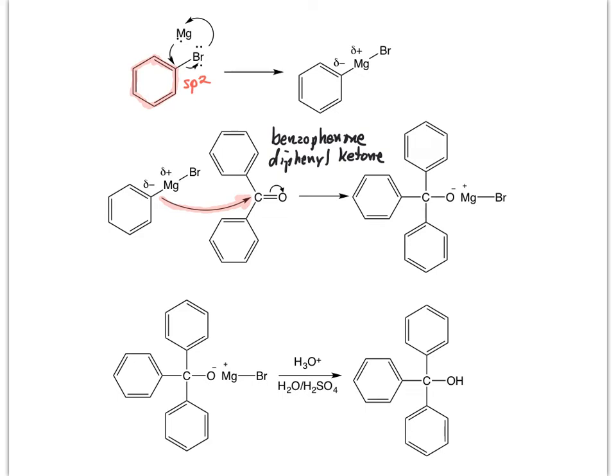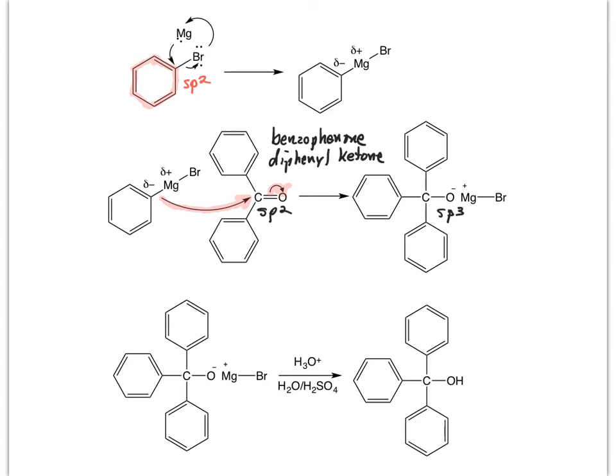So we get our attack. Whenever you attack a carbonyl, the electrons move and open that up, and we go from sp2 to an sp3 hybridized intermediate. That's standard whenever a nucleophile attacks a carbonyl.